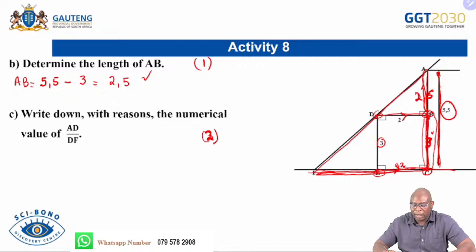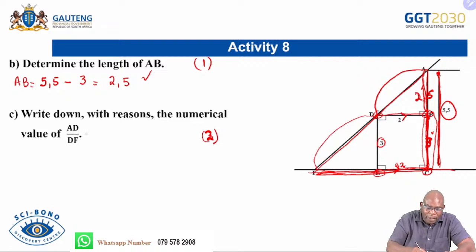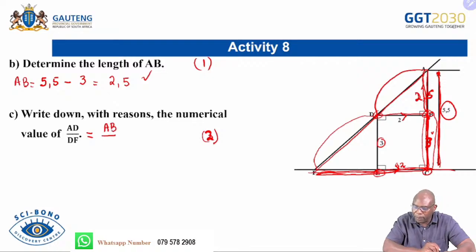Then I can get the ratio. So I can get the ratio of AD is to DF. Remember, it is the proportion. It is not the length of the line. So let's check. AD over DF equals AB over BC.